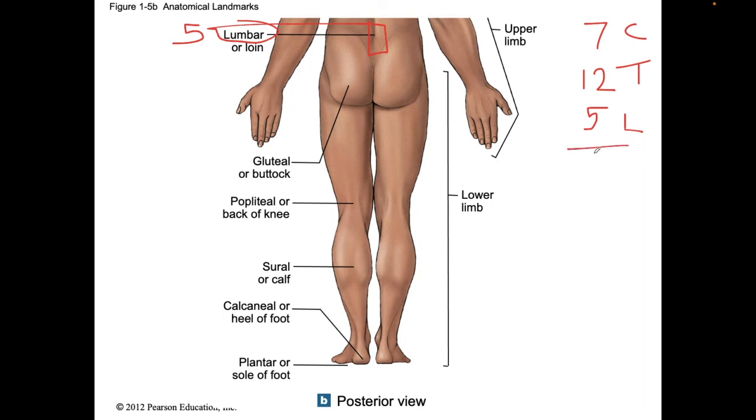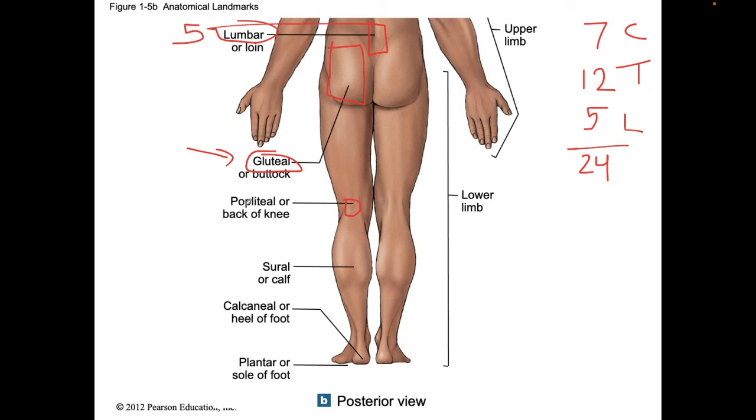When you add those up, you get 24 freely movable vertebrae. Okay, when we look at the tush, when we look at the rump, that's the gluteal region. So that when we do muscles of the buttock region, we will learn muscles called the gluteus maximus, the gluteus medius, the gluteus minimus. So gluteal, you'll know that those muscles are somewhere here.